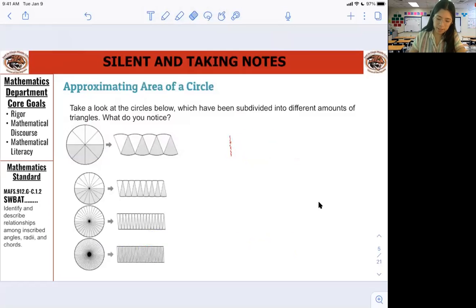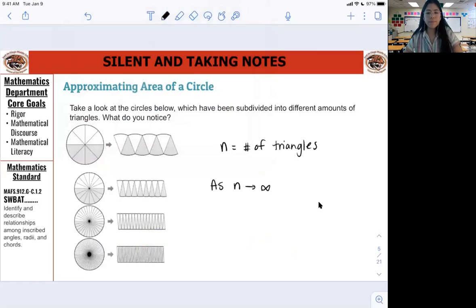So I'm going to go ahead and write that down a little bit more mathematically. n is the number of triangles. As n approaches infinity, what does that mean? What does it mean to approach infinity?